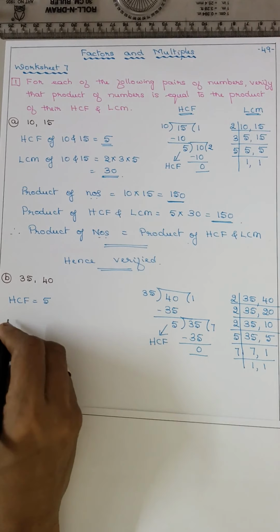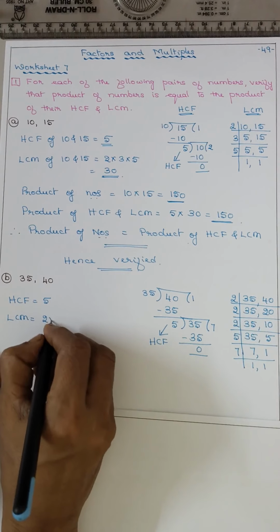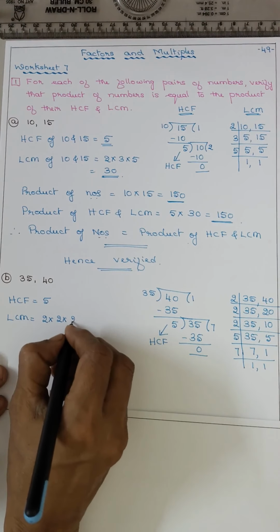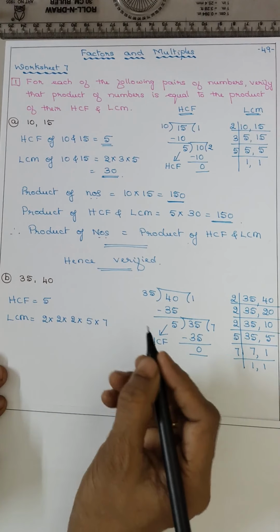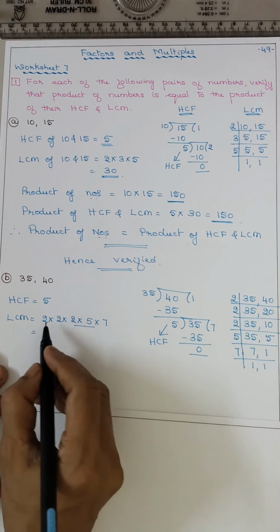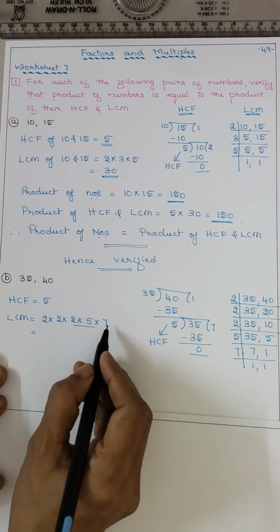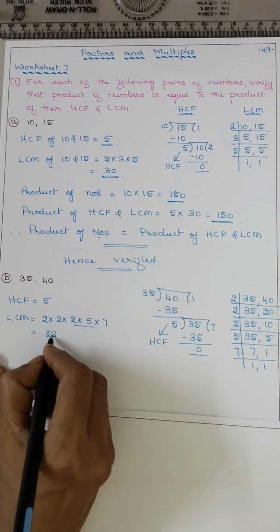So you got LCM is equal to 2 into 2 into 2 into 5 into 7. Take the 2 and 5 together, 2 2s are 4, 4 7s are 28, into 10, 280.